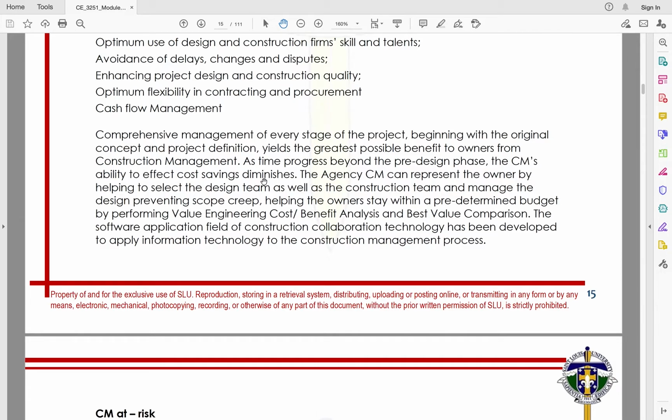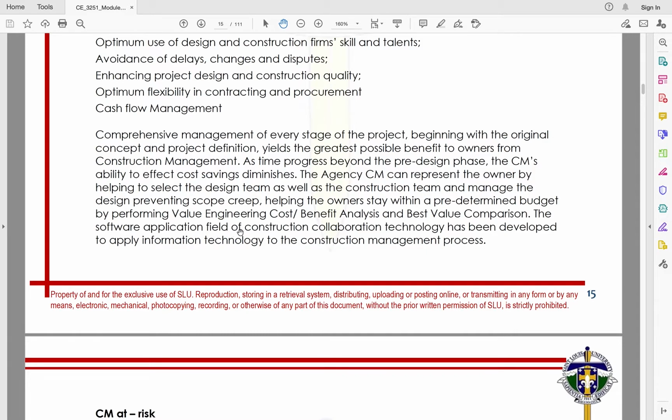Okay? So, the agency of the construction management can represent the owner by helping to select the design team as well as the construction team and manage the design, preventing scope creep, helping the owners stay within a predetermined budget by performing value engineering, cost or benefit analysis, and best value comparison.